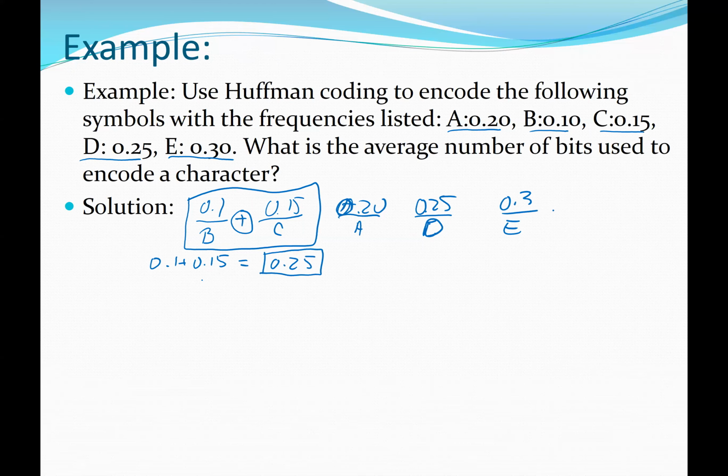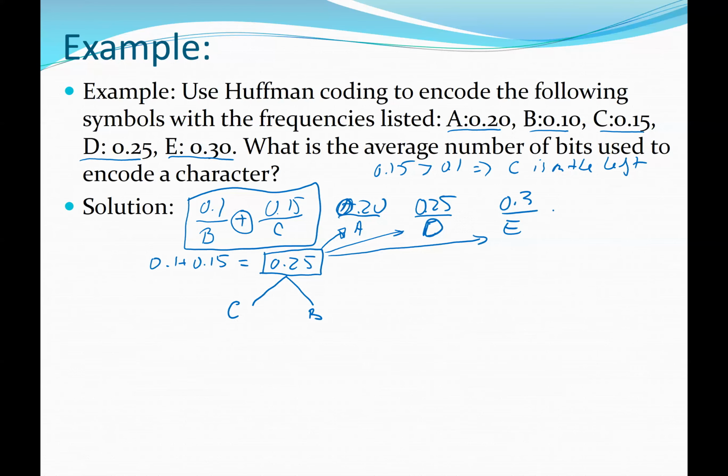All right, so what does that 25 contain? 25 contains B and C. So which one is bigger? 15 is bigger than 10, so therefore C is on the left. So 25 contains C and B. Okay. Now you compare 25 to everything else.